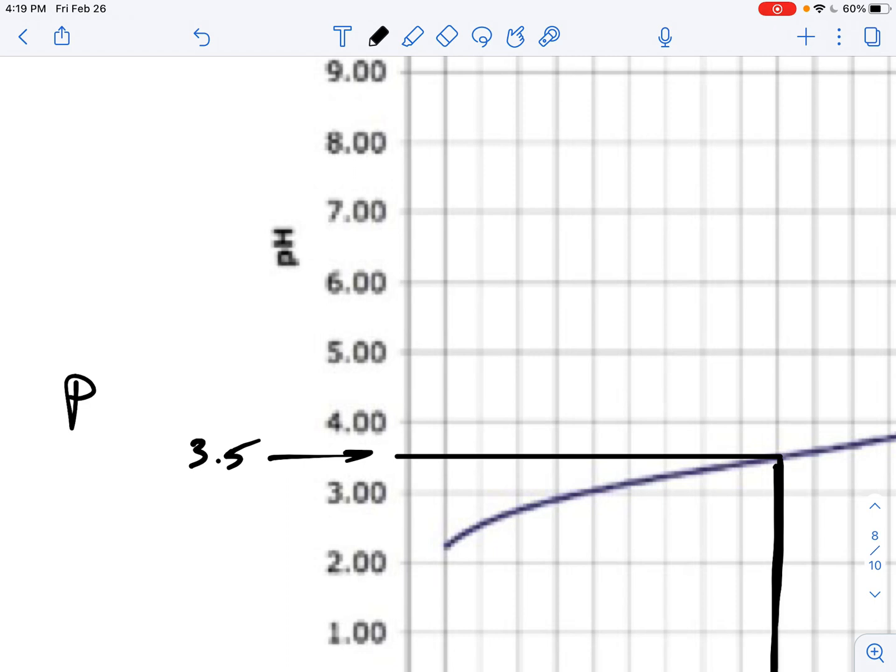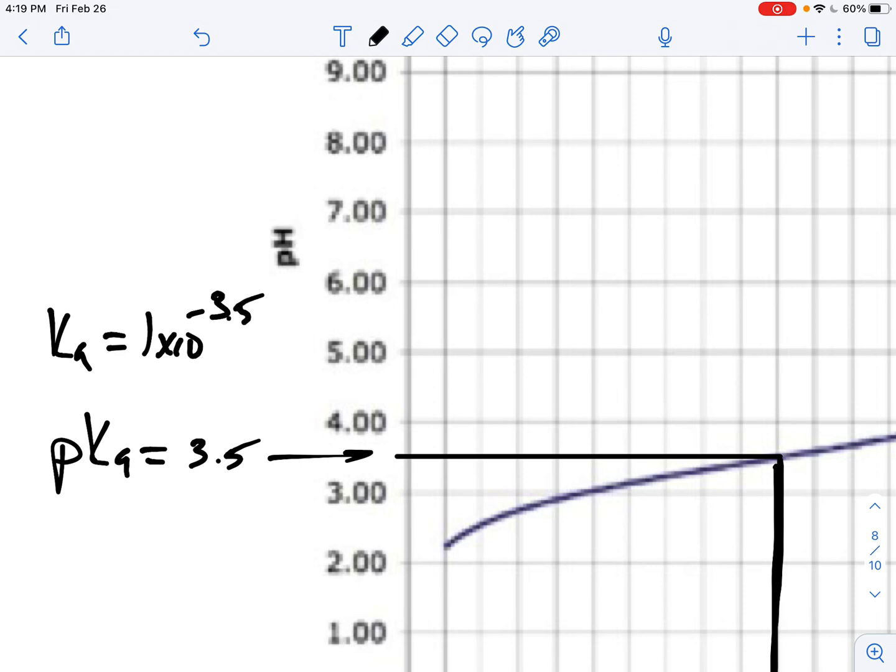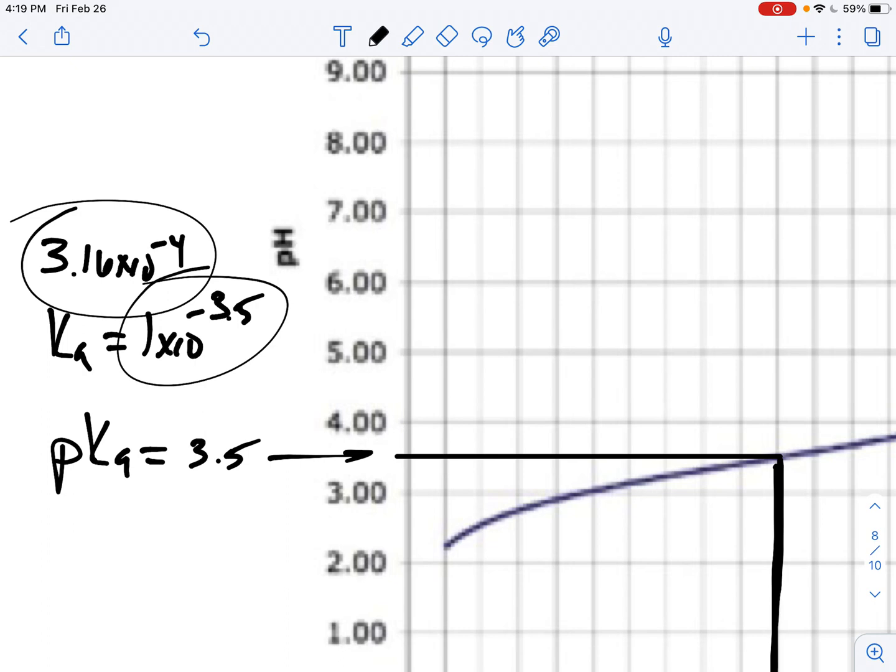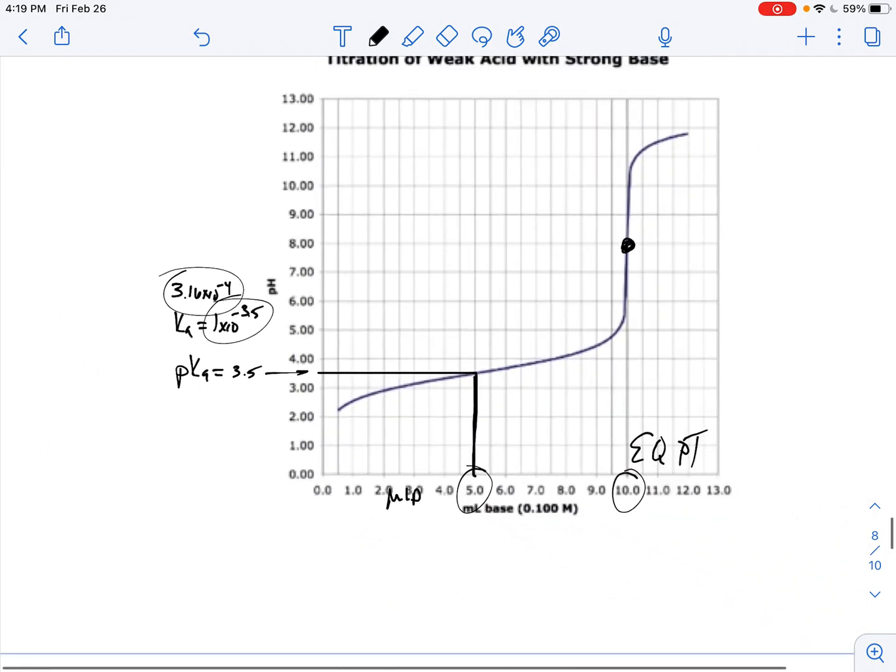So that means that the pKa of this acid is 3.5, or the Ka of this acid is 1 times 10 to the negative 3.5, or has a value of 3.16 times 10 to the negative fourth, which is the same thing as 1 times 10 to the negative 3.5, if you were to put that into your calculator.